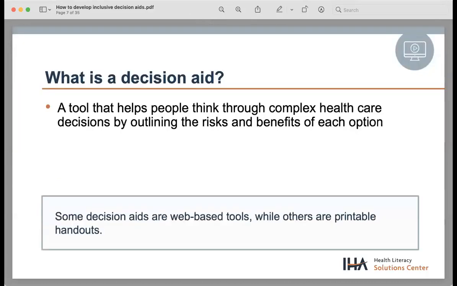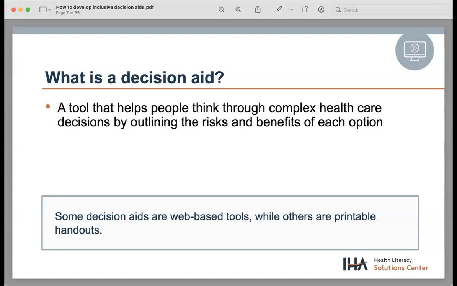Great. So first, what is a decision aid? A decision aid is a tool that helps people think through complex healthcare decisions by outlining the risks and benefits of each option. So a lot of decisions that we have to make about our health actually require us to take in a lot of complex information. Sometimes we might get that information from our doctors, by searching online, by asking family and friends.